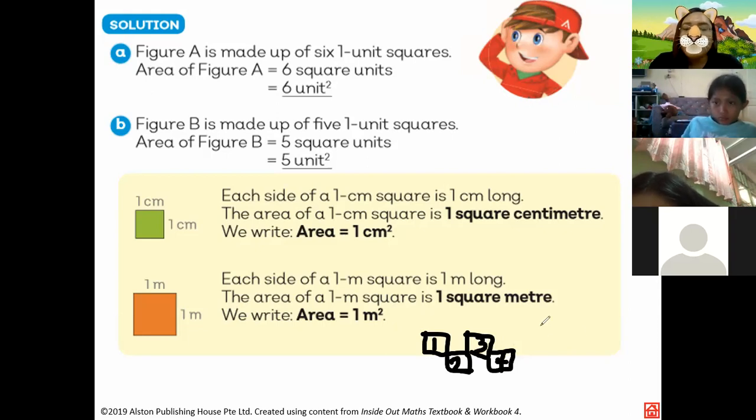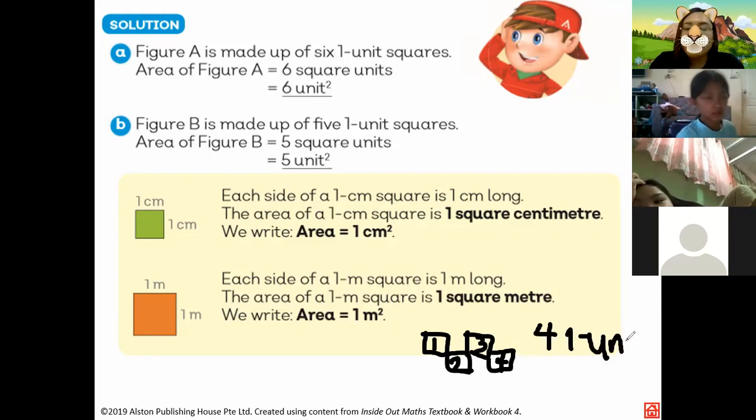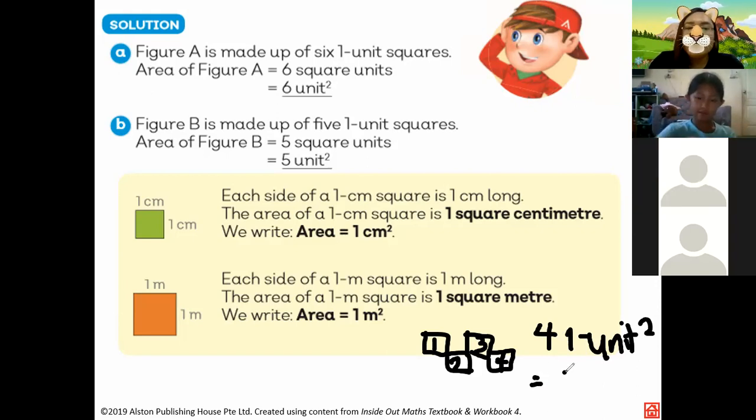So there are 4 1 unit squares. 4 multiplied by 1 is 4 unit square.